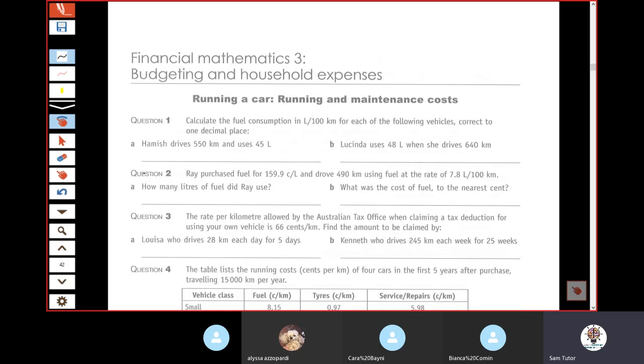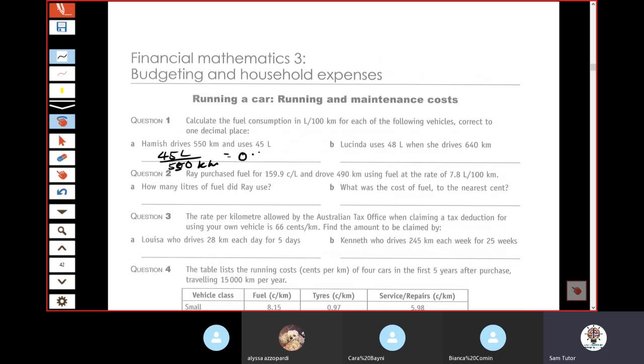I'll do the first one, and then you guys can try question 2. Calculate the fuel consumption in liters per 100 kilometers for each of the following vehicles, correct to 1 decimal place. Hamish drives 550 kilometers and uses 45 liters. If you remember what we said when we did rates, I would do 45 liters on top over 550 kilometers. That gets me per kilometer, just so you know.